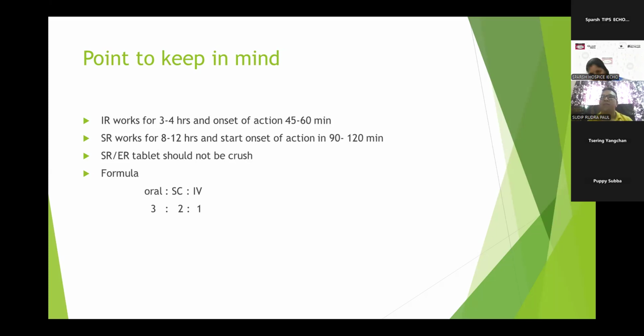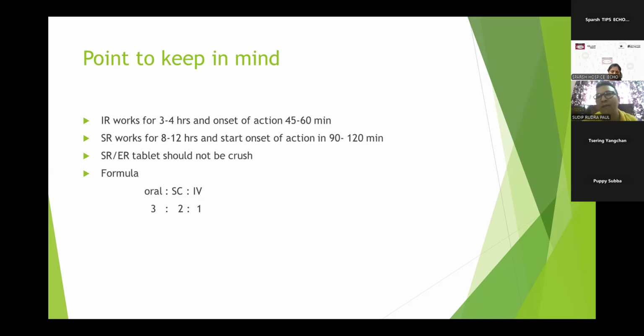Let me give one more example. If the patient is having 15 mg IR morphine 4 hourly, in 24 hours he will take 6 doses, so 15 mg into 6 doses is 90 mg.